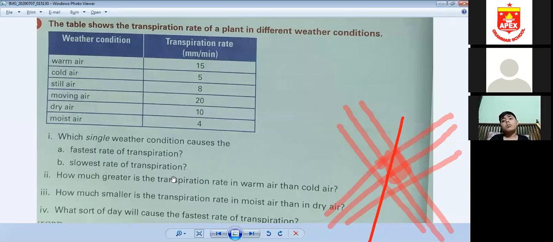You will do all these questions in your copy from question number 3 till question number 6. Is it clear to all of you? Now your class has ended. If you have any confusion, if you want to ask any question, raise your hand and I will explain to you. Thank you so much.